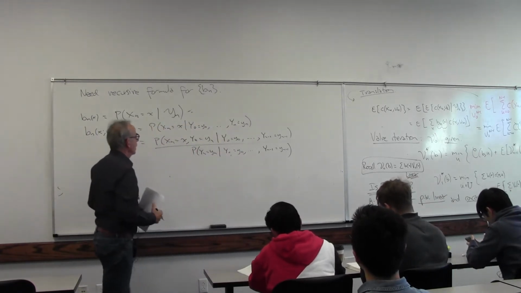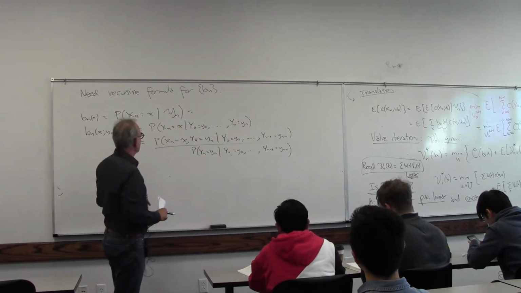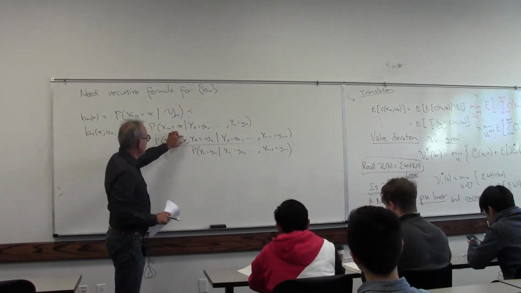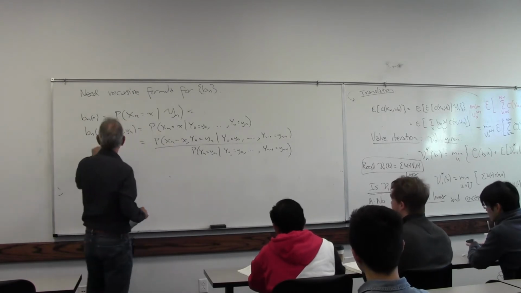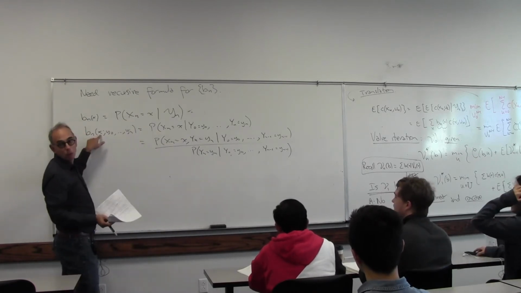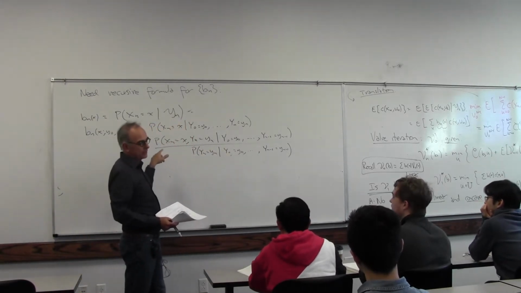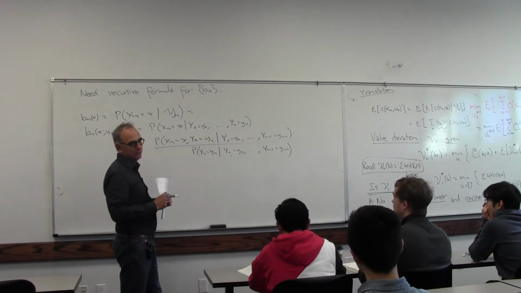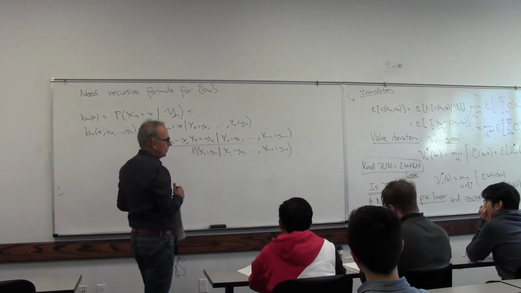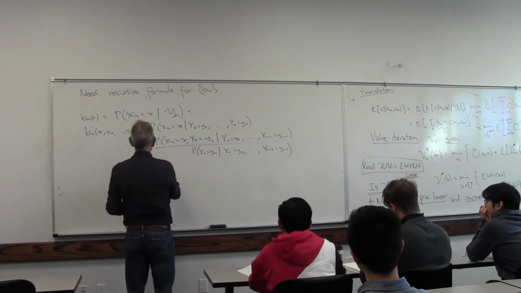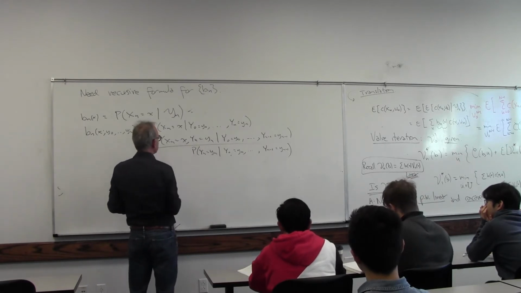And this is just some junk in a way, right? I don't care about anything that doesn't depend on x, because in the end I can renormalize. I know that when I sum this over x, I'll get 1. So if I see any term that doesn't depend on x, I can just ignore it. So the denominator, I couldn't care less about that. I'll call this some constant, kn, times the top.